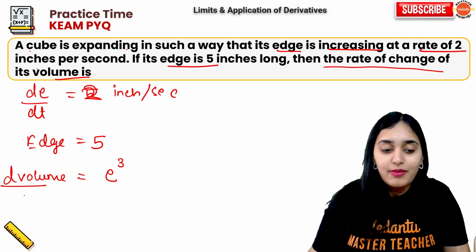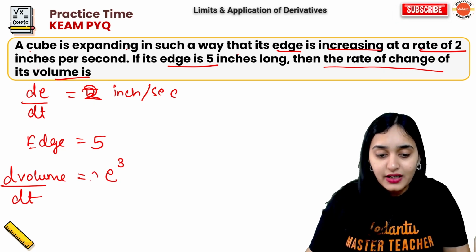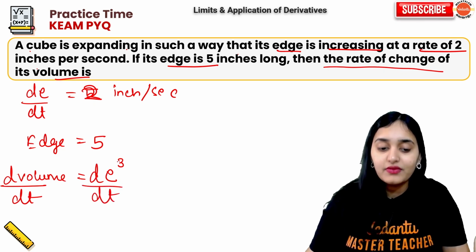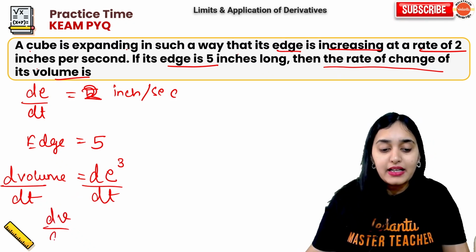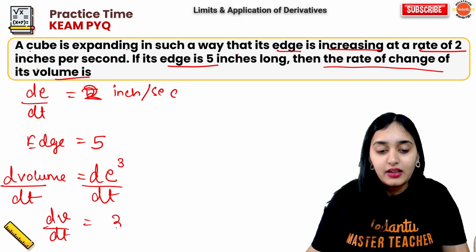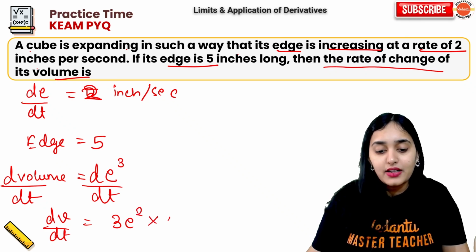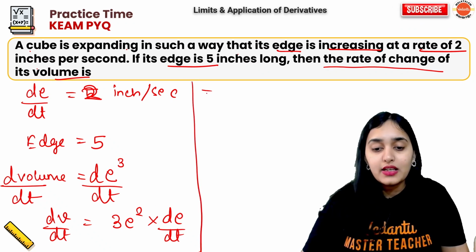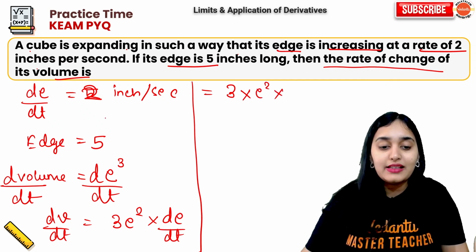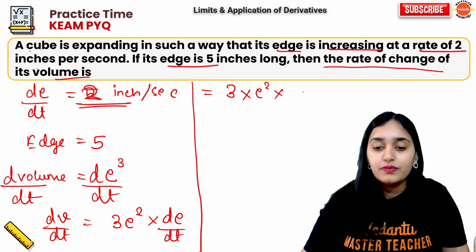So dV by dt will be, we are differentiating it with respect to time. So dV by dt is 3e square into dE by dt. Differentiating the edge with respect to time. So this is equal to 3 into e square into, what is dE by dt? 2.